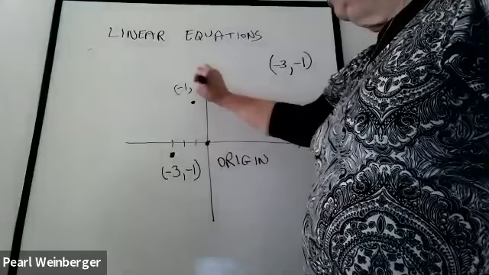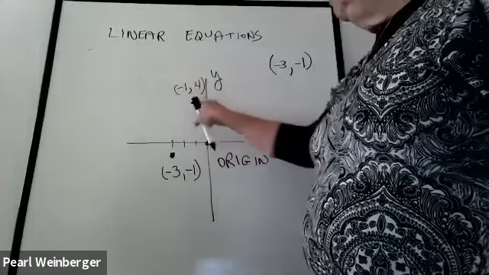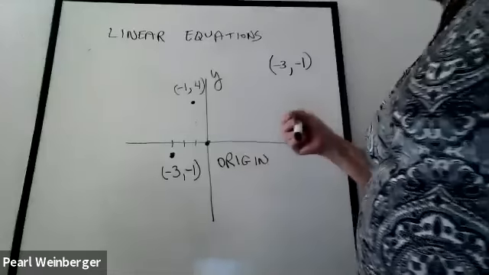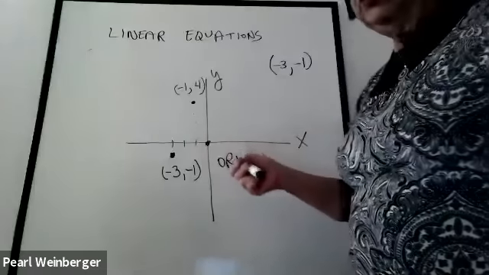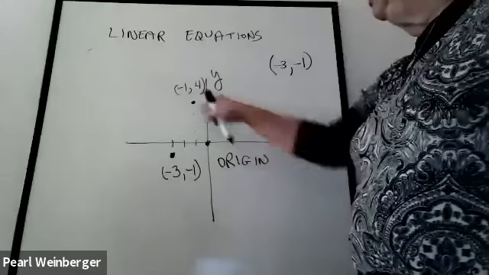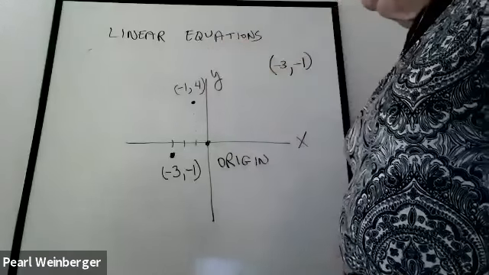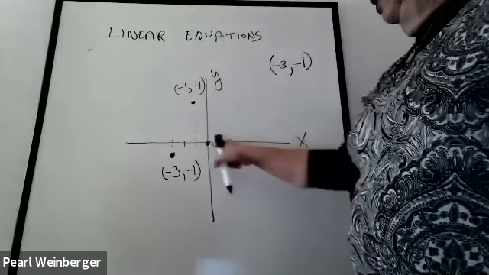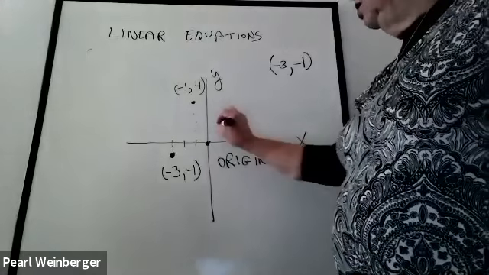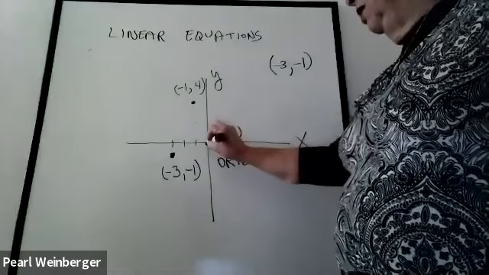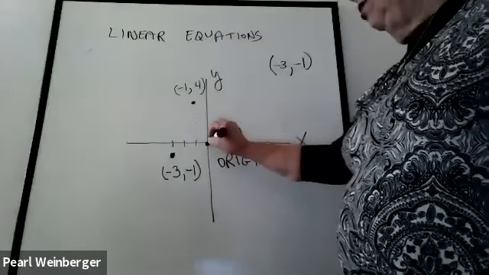So my y coordinate is 4. And we say this is the point (-1, 4). Now, (-1, 4) is not a point, it's numbers. But the point that we're talking about is this point on the graph that you get to by going to (-1, 4). The origin coordinates are (0, 0), because if you're at the origin, you're not going left to right or up or down.